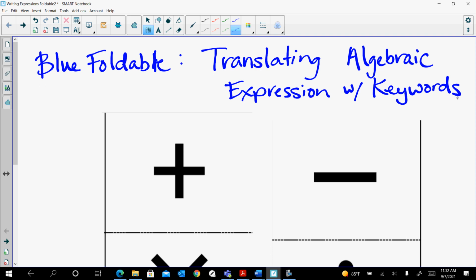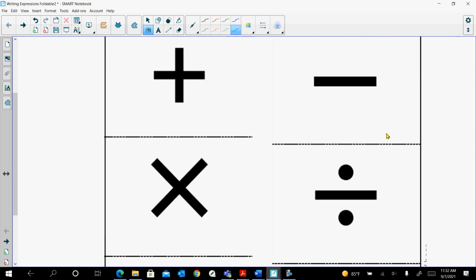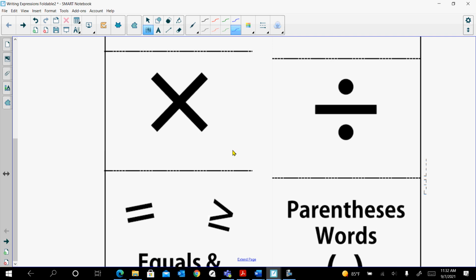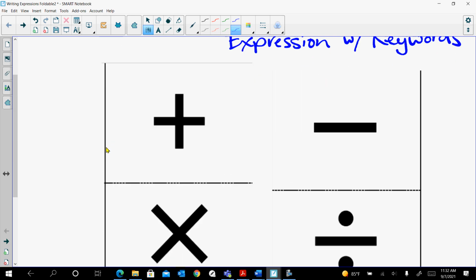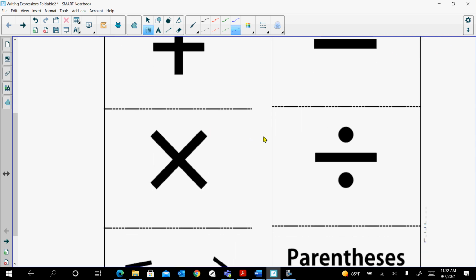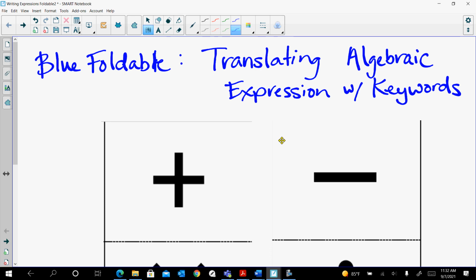Okay, so you have a fold line. I think it tells you. Mine got cut off, but you should be folding on this black line to create your tabs. Take the blue paper that's foldable and fold on the fold line, so that you see the operation signs in the front.